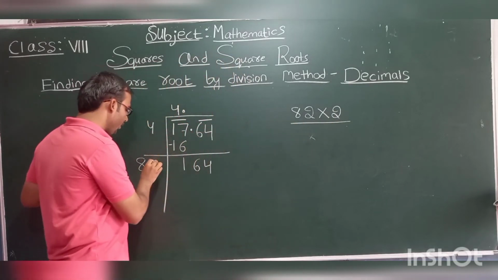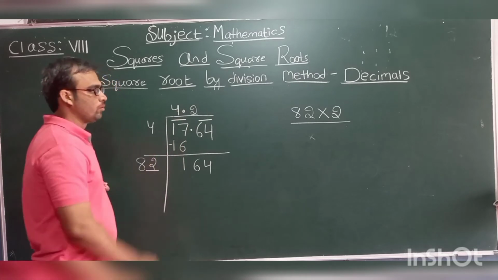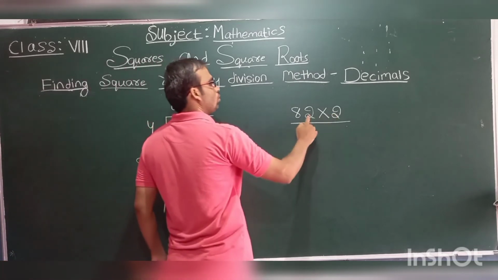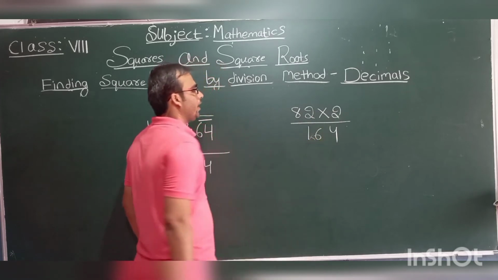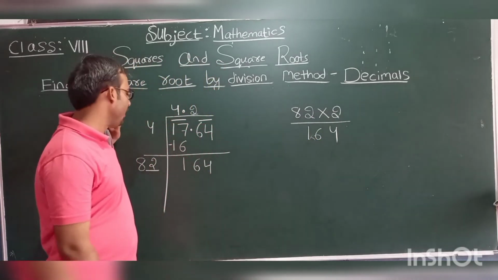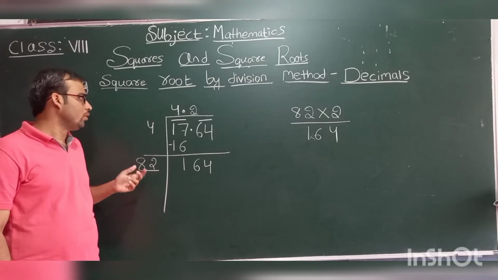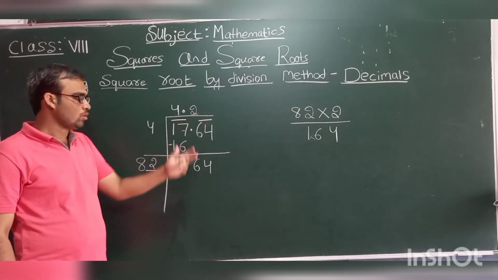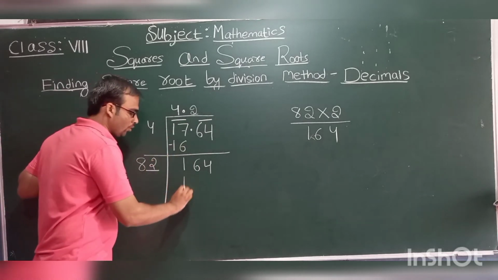Next, 2 2s are 4, 2 8s are 16. Look at this, students: when we fill this blank with 2 and multiply 82 into 2, we get 164. So we will fill this blank with 2.